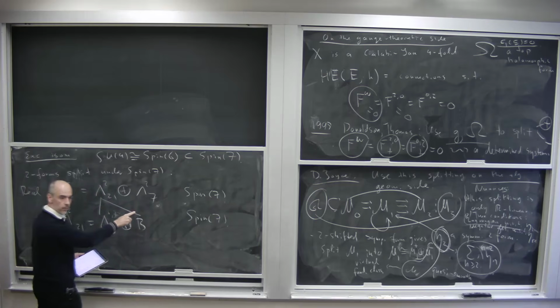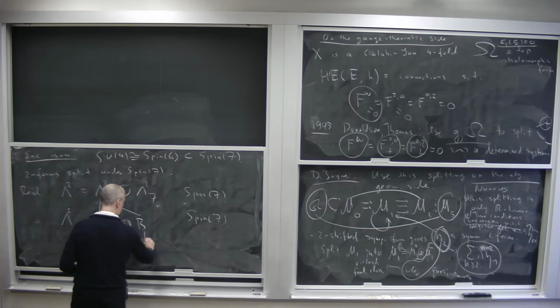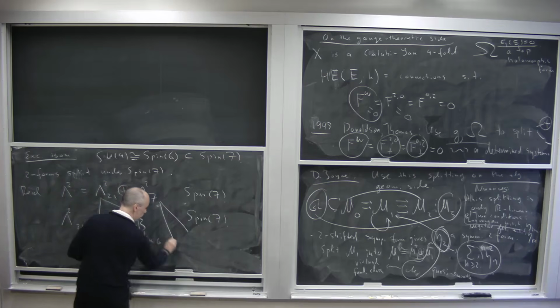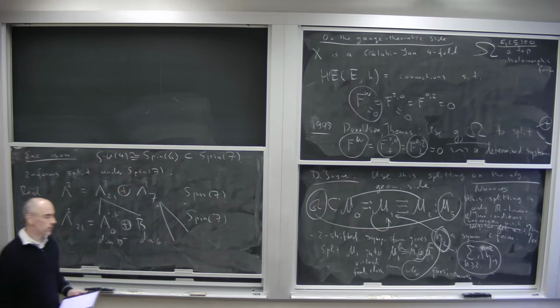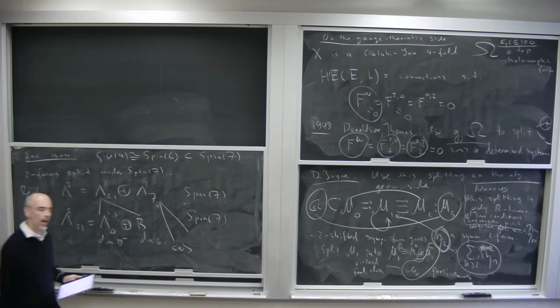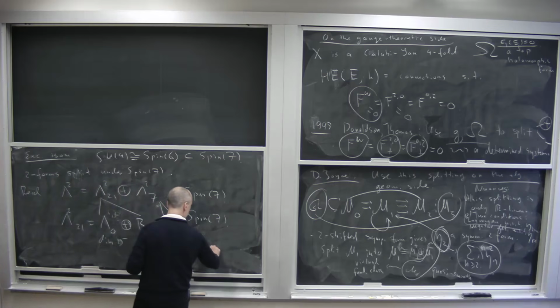So here I write dimension 21, 7, here dimension 15, and B is of course dimension 6. Now this one, again under Spin 7, also splits into two things: the Kähler form, and then something else. Let's call it C, dimension 6.